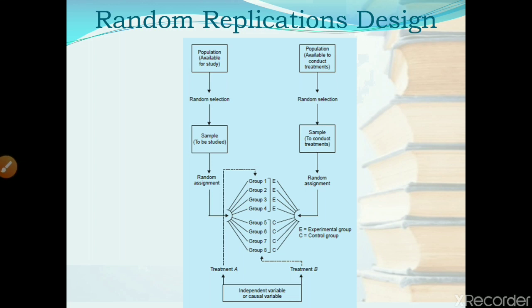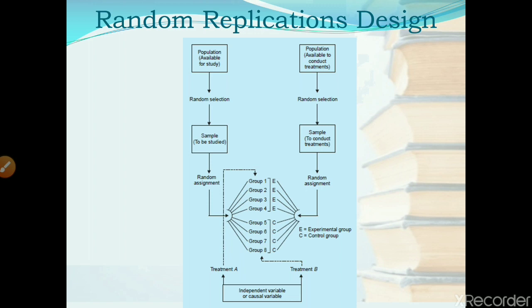But in this case, what was there? We have randomly taken the samples and then randomly assigned the experimental groups. But what about the treatments? As I told you, I have taken the treatment as fly ash. And again, the fly ash has come from different sources.